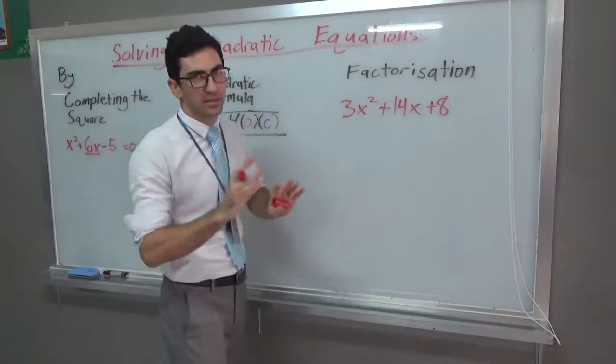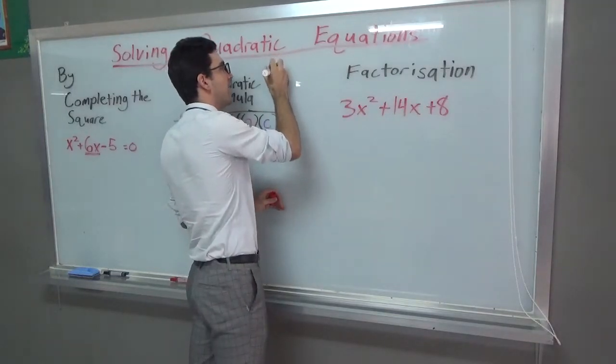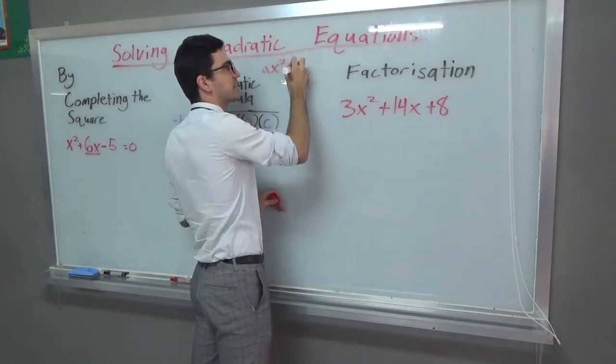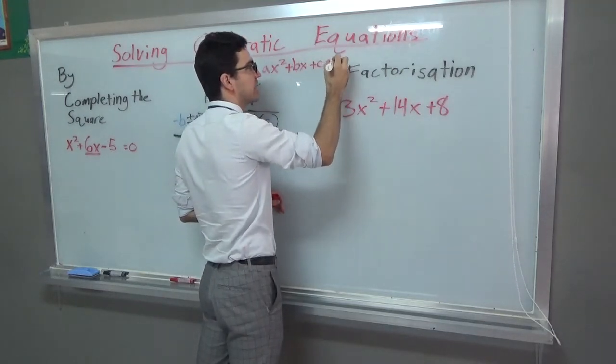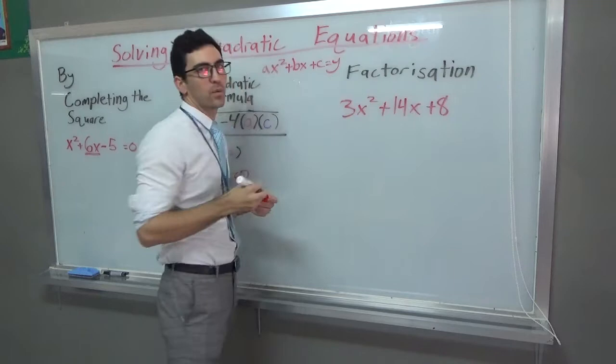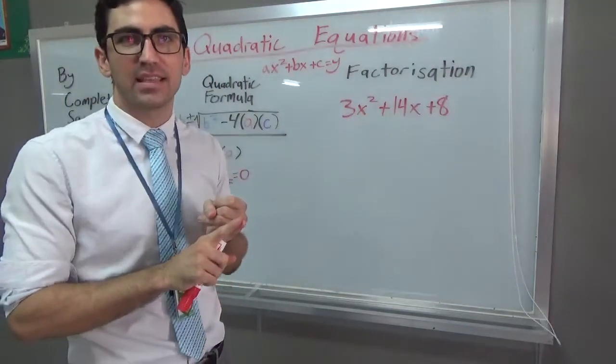So let me draw something right here. We have ax squared plus bx plus c equals, let's say, y.